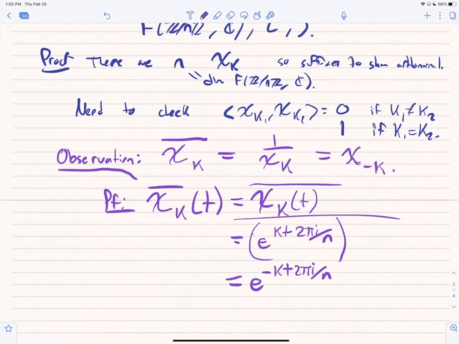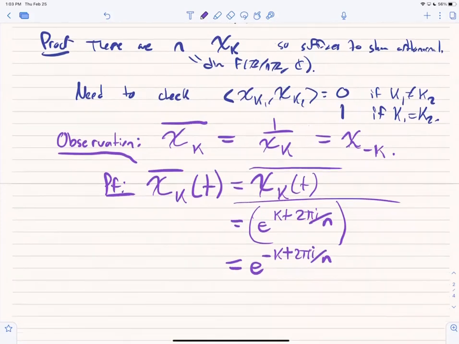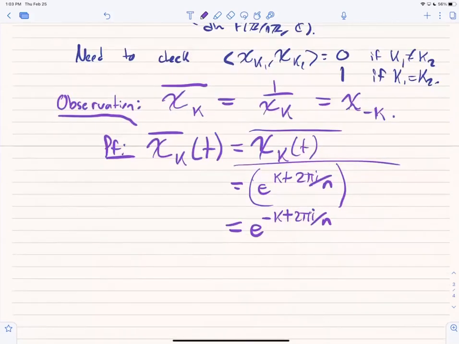The point is, if I'm in the complex plane and I rotate by theta, and then I reflect about the x-axis, that's the same as rotating by minus theta. This is the kind of computation you do when working in the dihedral group, so it's not so bad. Then this is chi minus k of t.